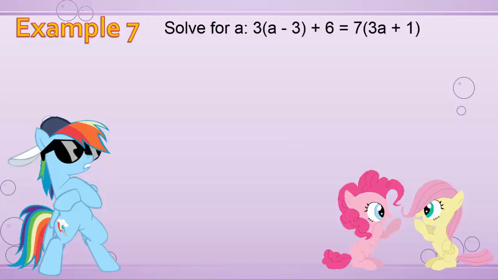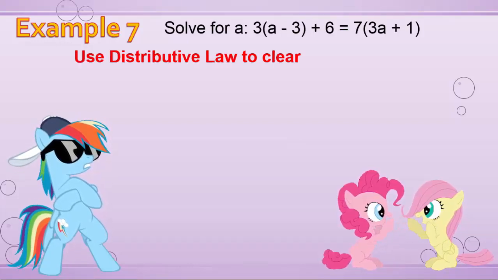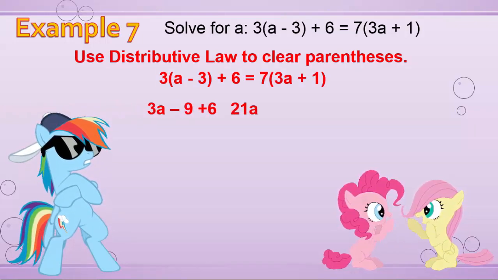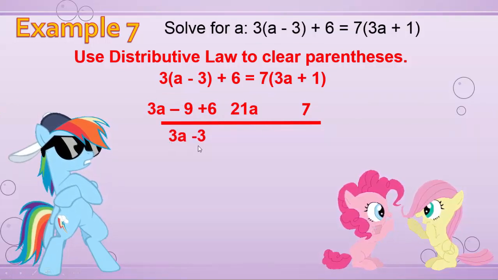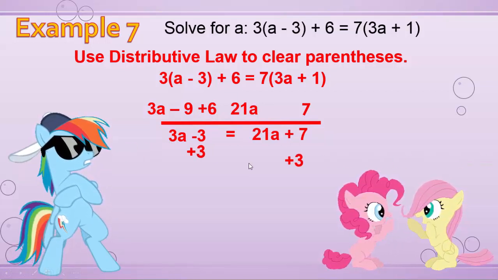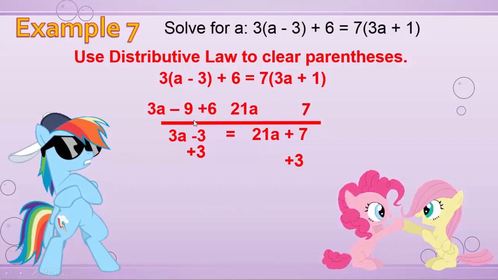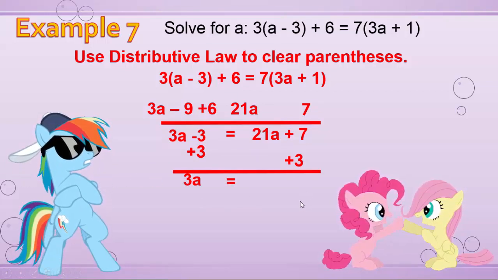In reviewing what we just did on the whiteboard, we used the distributive property to clear the parentheses or brackets to get 3a minus 3 is equal to 21a plus 7. And then we added 3 on both sides to get rid of the negative 3 here, but whatever we do to one side, we must do to the other.